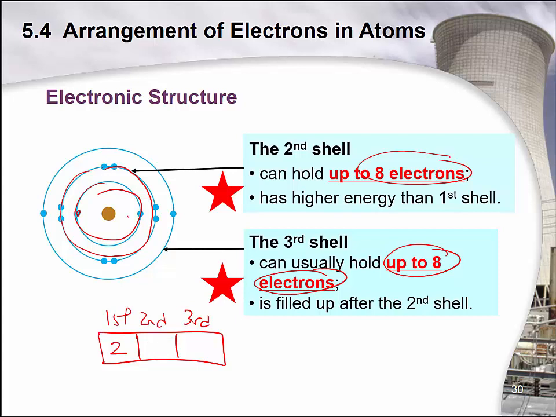But if you have 12, you end up having 2, 8, and 2, because altogether you have 12. So first you fill out the first shell. When it's completely filled up to 2, then you go to the next shell, maximum 8, and whatever balance you go to the third shell. That's how you do it. So the maximum for the 3 shells is 2 first shell, 8 second shell, 8 the third shell. Once the third shell is filled with 8, you go on to the fourth shell.